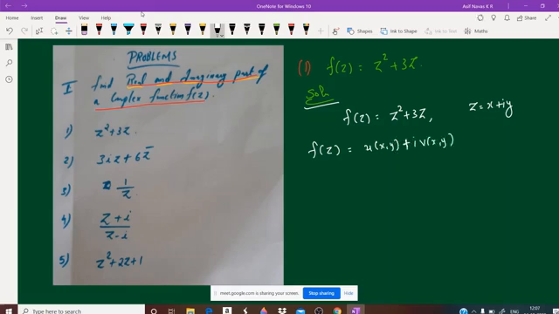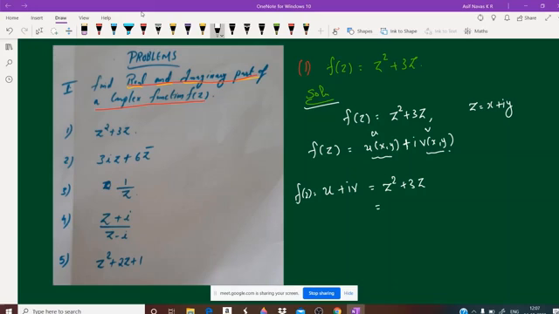So we want to find this real part and imaginary part. So f of z can be written as u plus iv, which is equal to z square plus 3z, what is z?